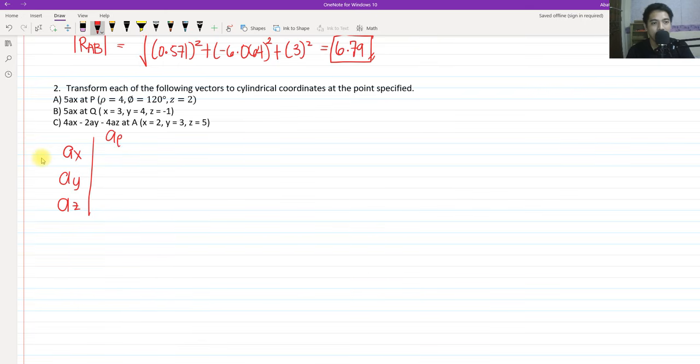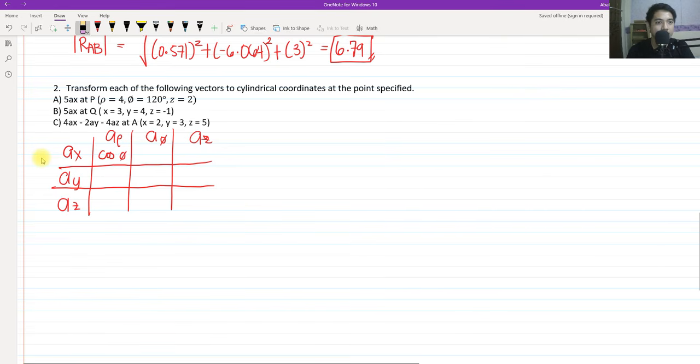For example, we have the rho component for the cylindrical, the phi component for the cylindrical, and then a_z. If we wish to get the cylindrical components at a specified point, we have to remember the dot products. So this would be cosine of phi. Let me just rewrite this.